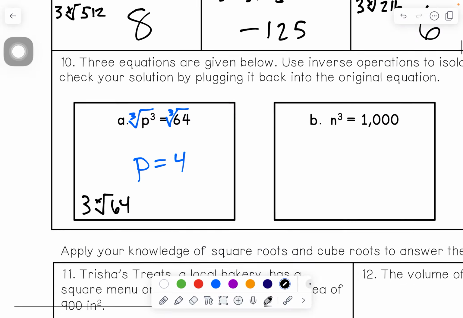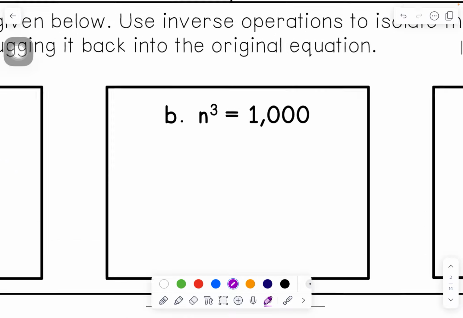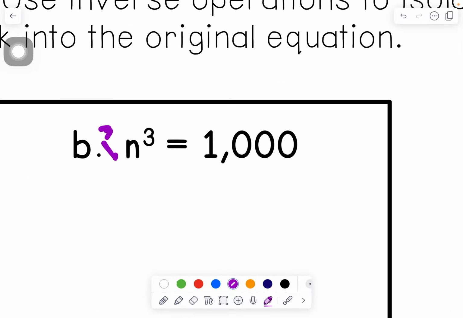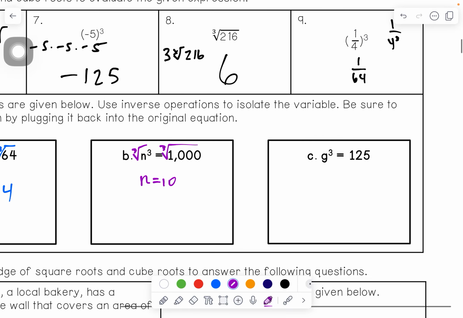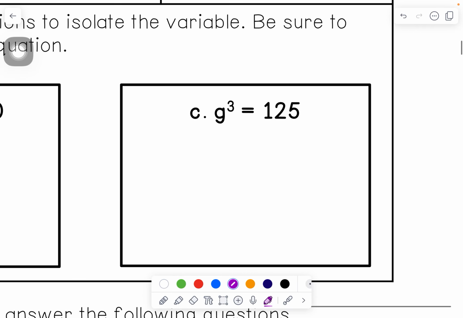Very similar over here, cube root of 1,000. Cube root of both sides, so n gives me 10. And then next up here, I have the cube root of each side, so g gives me 5.